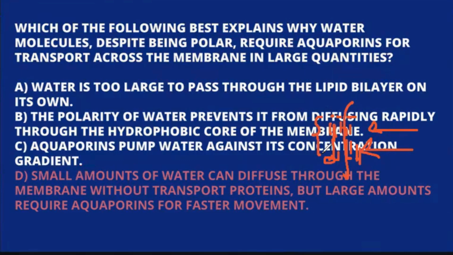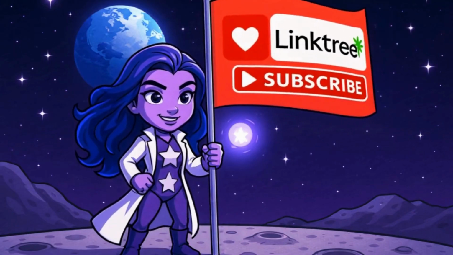But when we have large quantities, we require things known as aquaporins, and this allows for the faster movement necessary, especially for water. So when you hear the word water, you think of aqua. Aqua means water, and this will help you better select an answer for water.